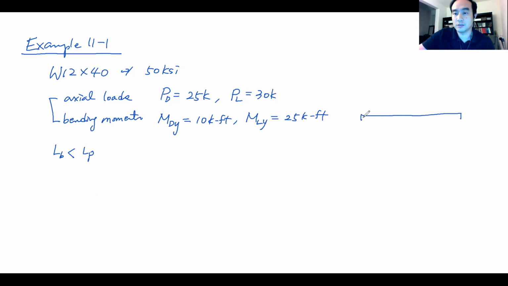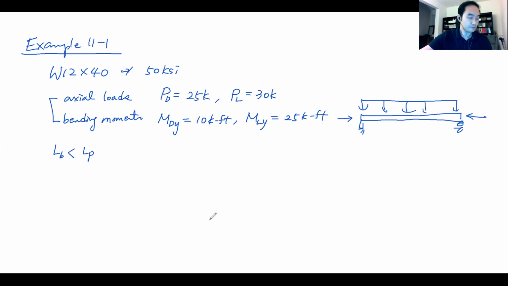So in this case, let's say here we have a beam section under a certain transverse load that will create these two moments. And then in addition to that moment, we do have an axial force, okay? Oh, I said tension member, right? So it should be tension, not compression.